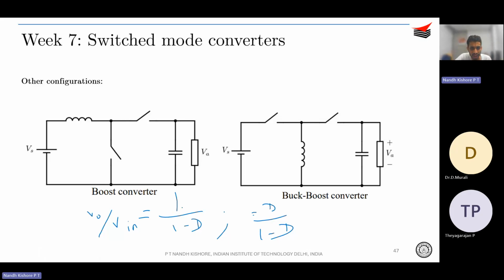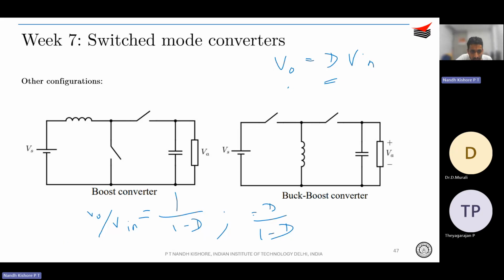For a buck converter, V naught is equal to D V in. So as D increases, as your switch is on for more and more time, your V naught increases in a buck converter. If D increases in a boost converter also, 1 minus D is going to be lesser, therefore 1 by that lesser value will be very high.